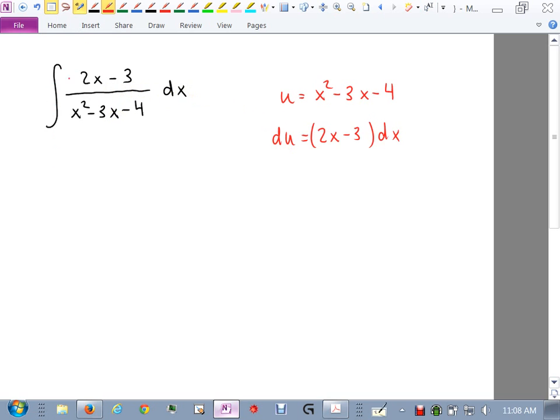So this integral really just turns into the integral of 1 over u du, doesn't it? And that's natural log of u plus c. Do you see that? And then I replace my u with whatever u was, which is that entire quadratic.